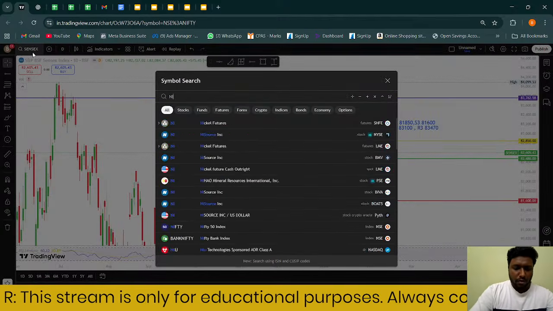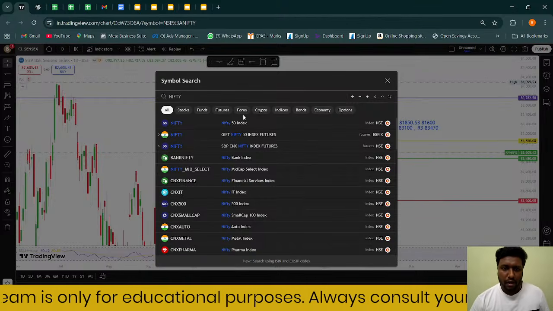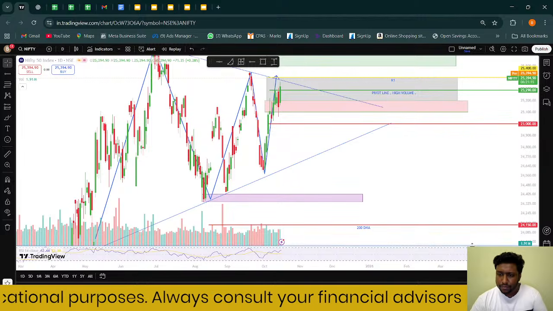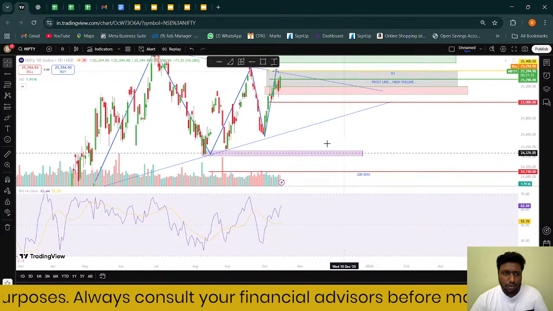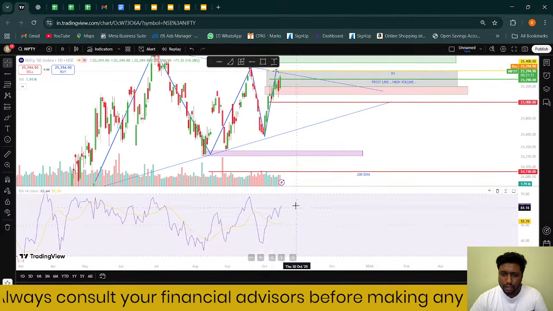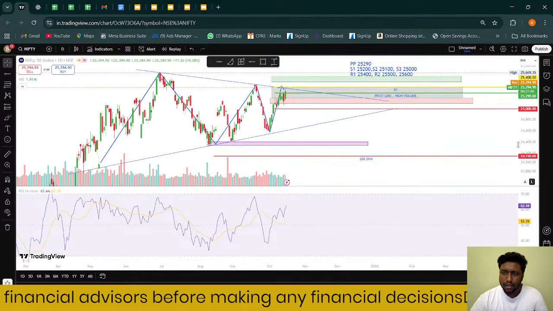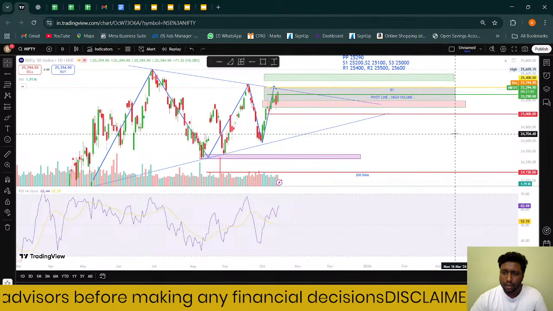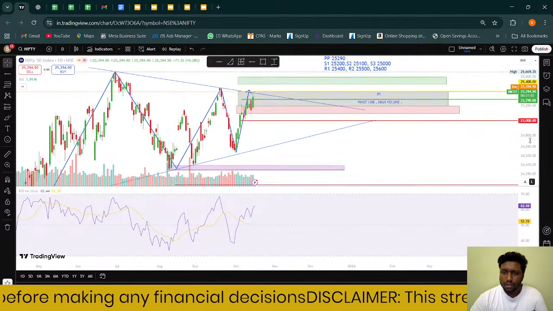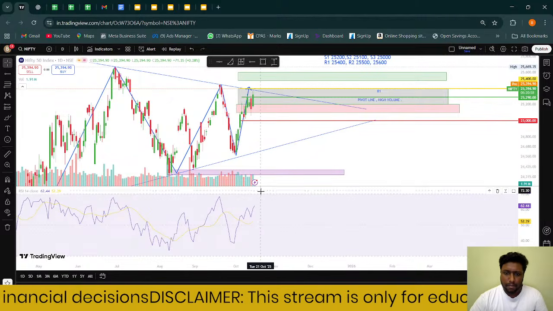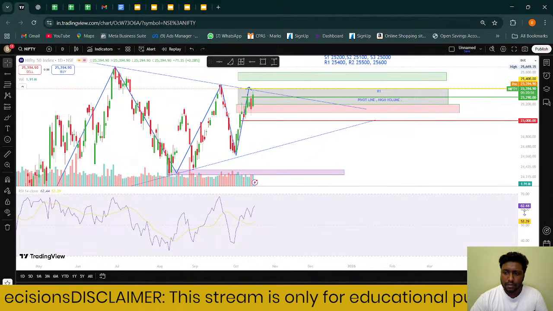So let's have a quick look at Nifty 50's RSI, relative strength index. On the 1 day time frame, you can see that it is at 62, almost near the overbought zone. Let's see if it reverses from this 68.